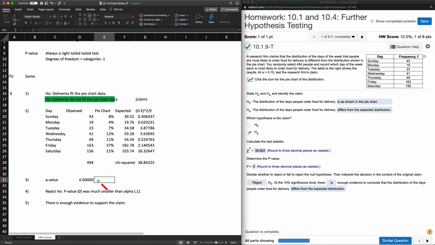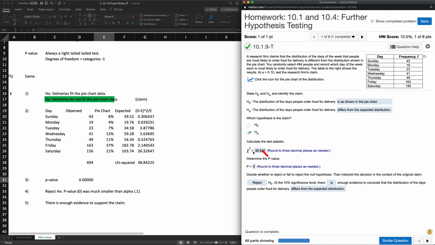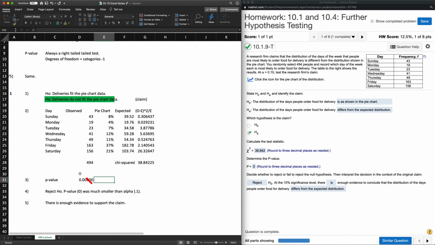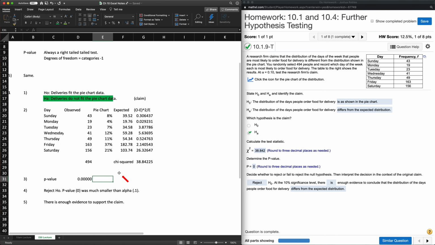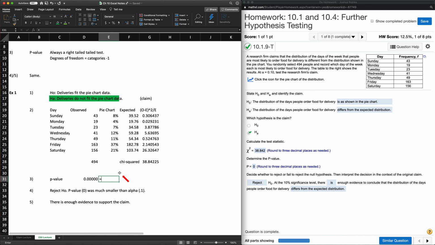We have one small check we could have done here. So the homework will ask you for the test statistic. But if we wanted to verify that we did this right, we have another version of the chi-squared function called chi-sq.test. And this one we only need to give it the ranges, so we can verify that we did our work correctly. In terms of the homework, it won't give you the test statistic though.